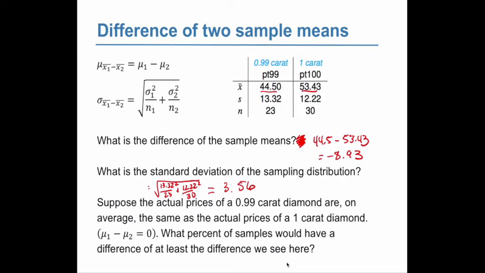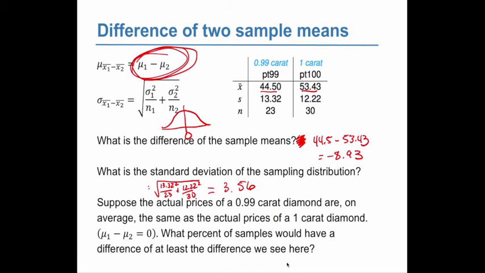Suppose the actual prices of a 0.99 carat diamond are on average the same as the actual prices of a 1 carat diamond. So suppose the true mean of this distribution is 0. What percent of samples would have a difference of at least the difference we see? So we've checked our conditions. We can model this using the normal distribution.